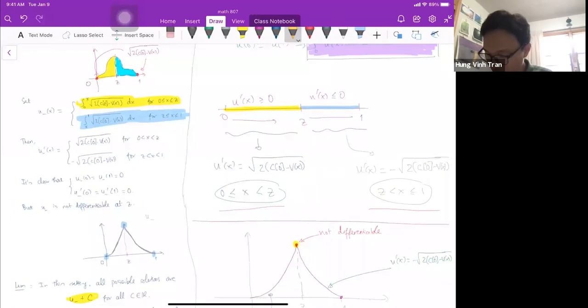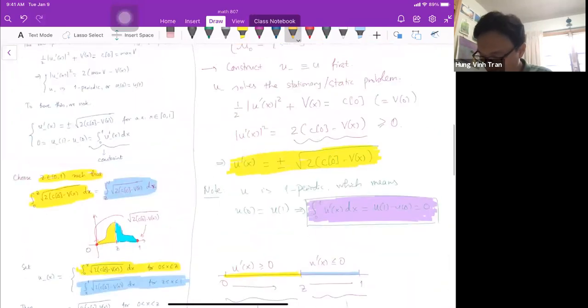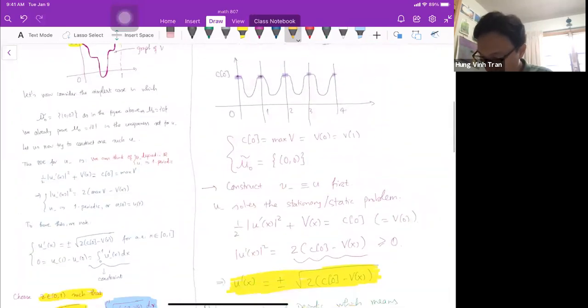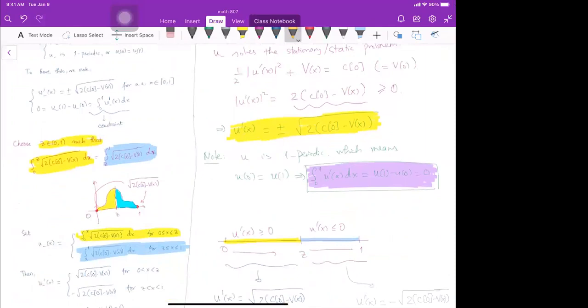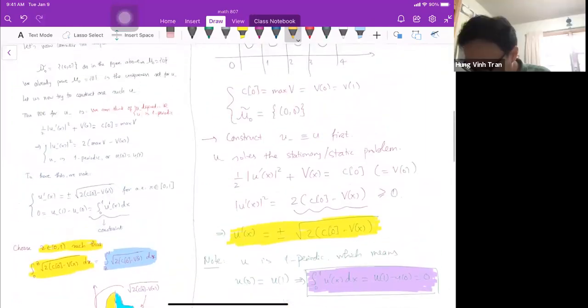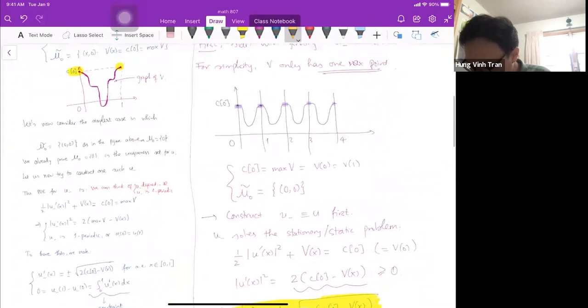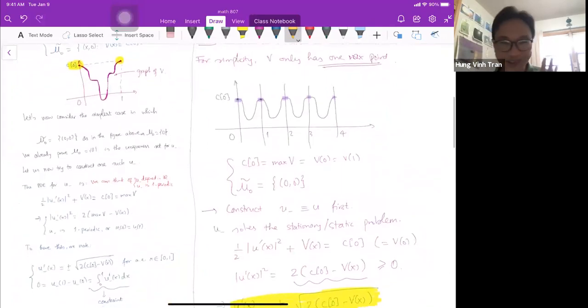No, no. I'm choosing z so that it's balancing out the two integrals. Okay, I see. Again, maybe my drawing skill was not good, so it seemed like I was making it that way, but z is somewhere so that it's divided between the two.